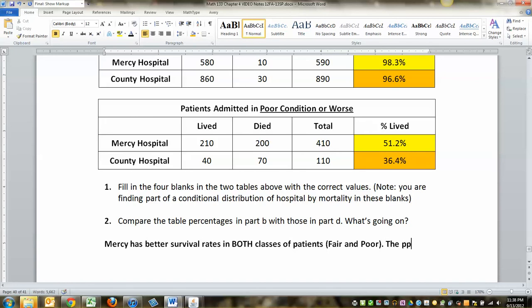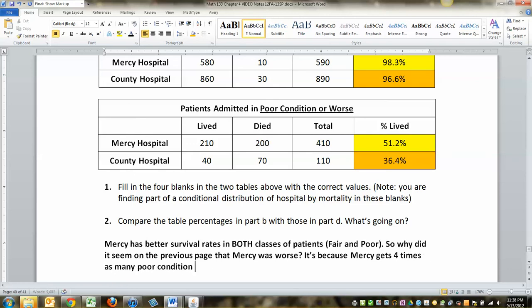The problem is, it's not really a problem, but how to put this? So why did it seem on the previous page that Mercy was worse? Well, it's because Mercy gets 4 times as many poor condition patients as County.